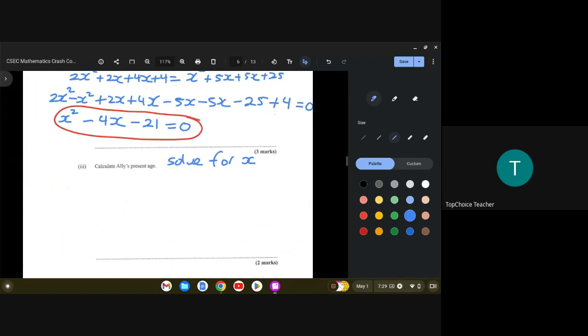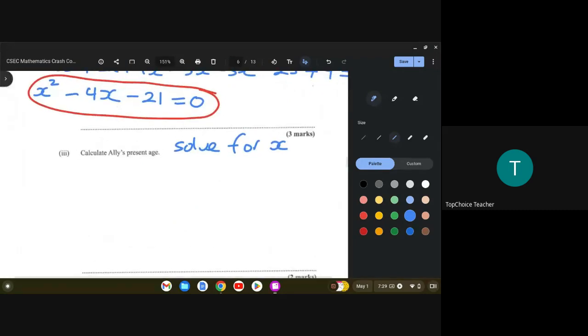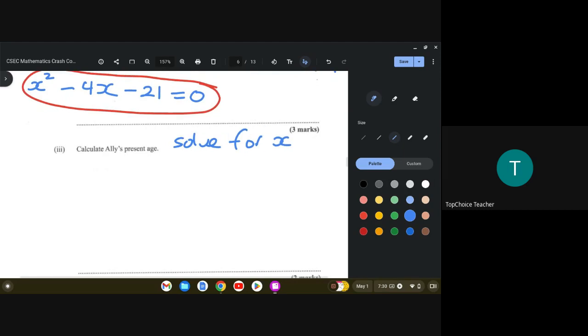So my question is, do you remember how to solve a quadratic equation? There are multiple methods you can use to solve a quadratic equation. There's the quadratic formula. There is the factorization, right, and actually that's the one I will just use. Let's just use the factorization method here. So this is us recapping now. For those who do not know how to factorize a quadratic equation, pay attention to this.